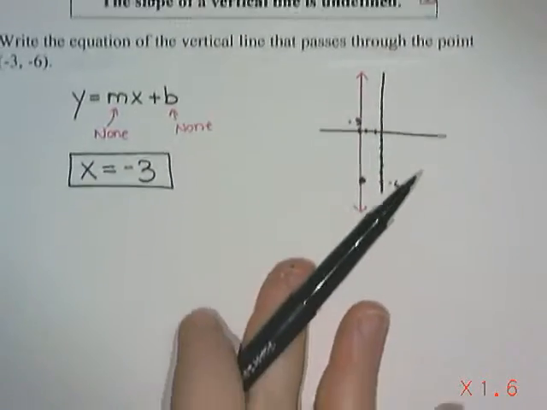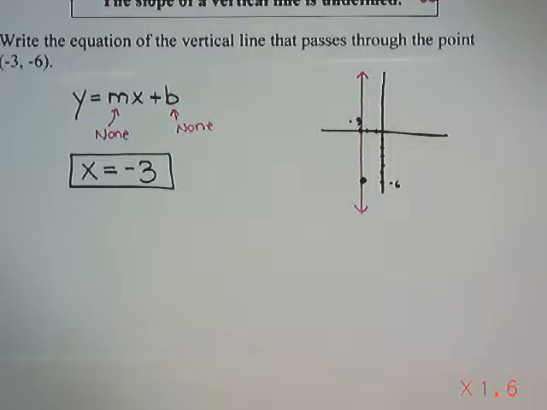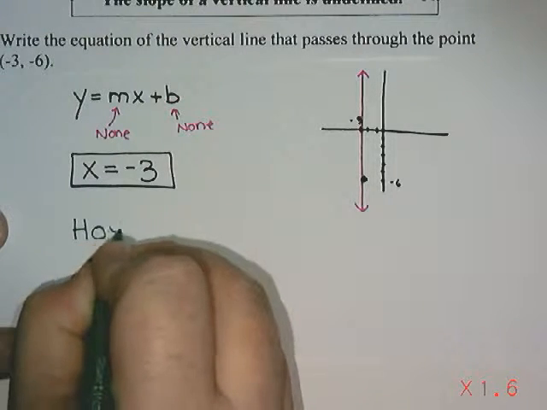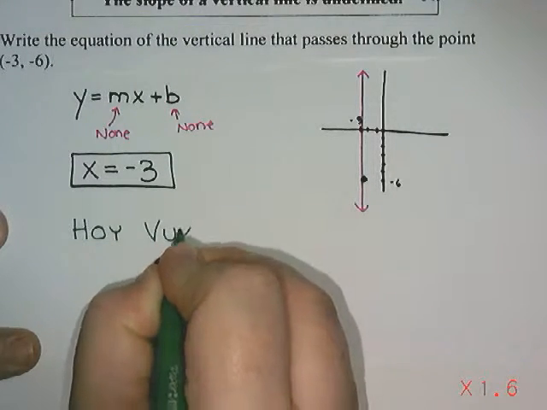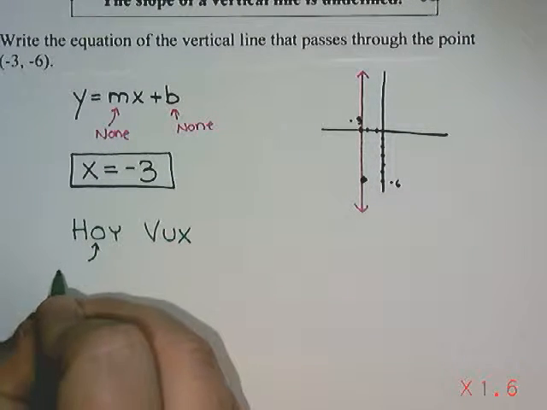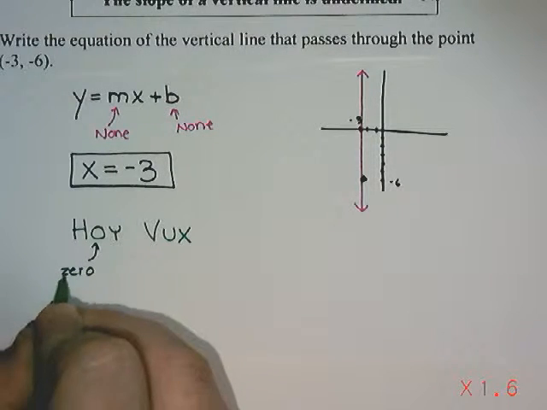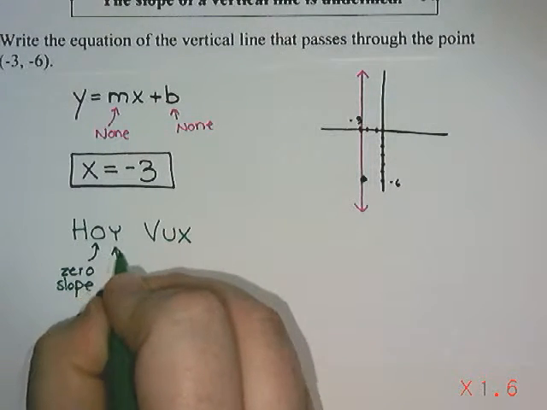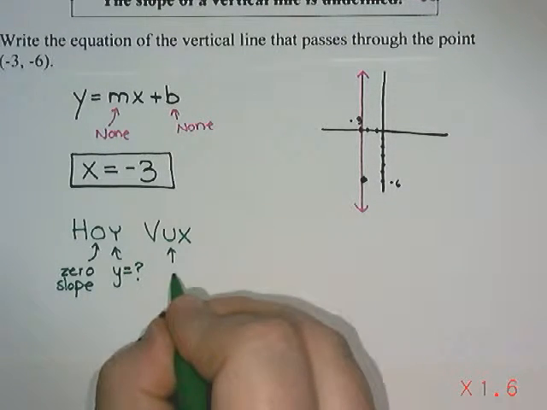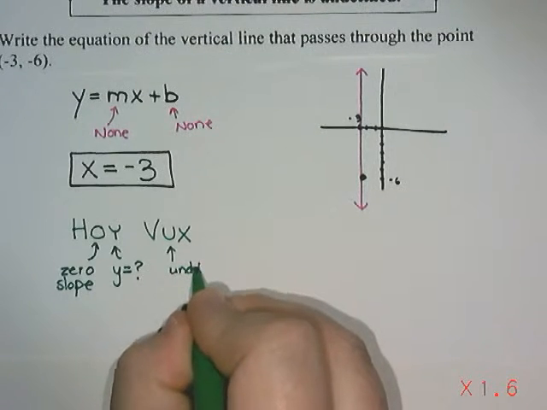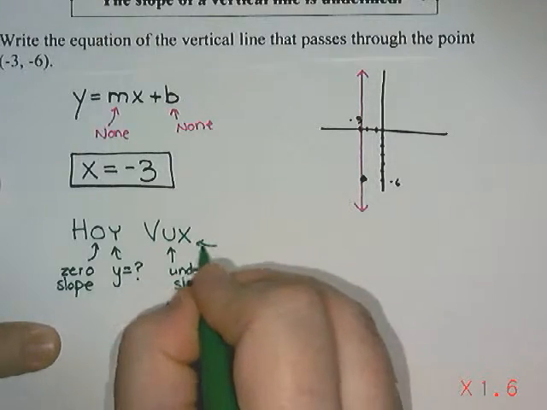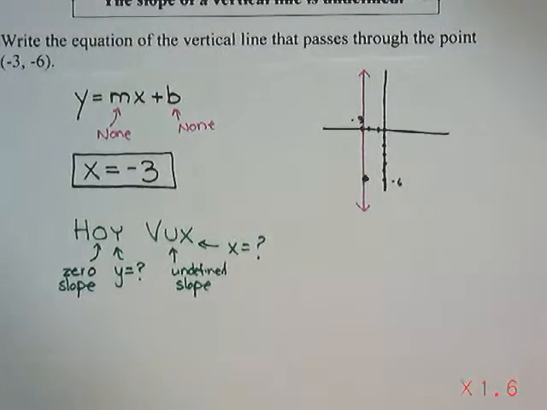Some people like to use a little short form to help yourself remember, called HOY VUX. So HOY VUX says if it's a horizontal line, the slope is 0, and the equation is going to be y equals. And if it's a vertical line, the slope is undefined, and the equation is going to be x equals. So maybe that'll help.